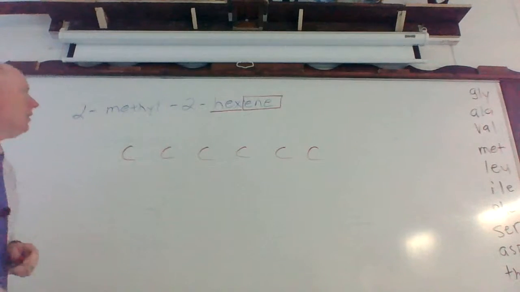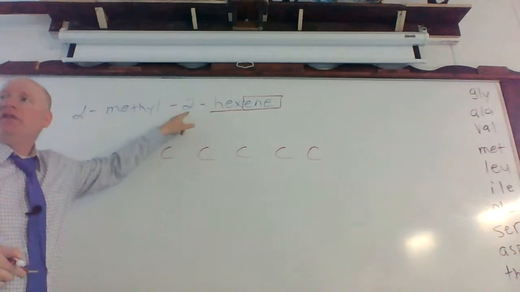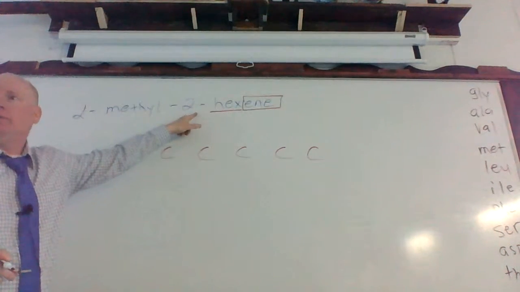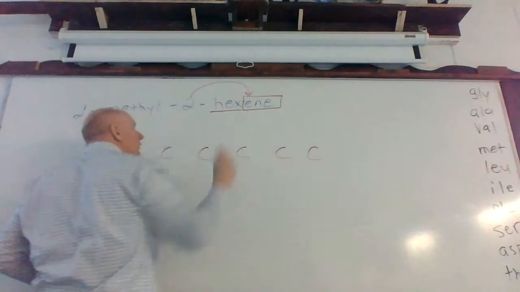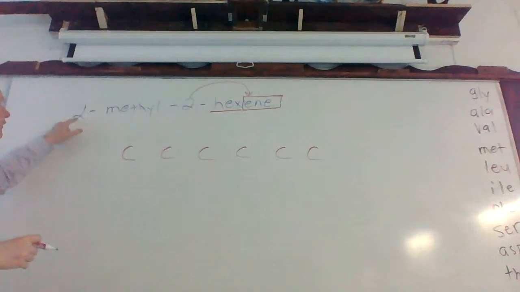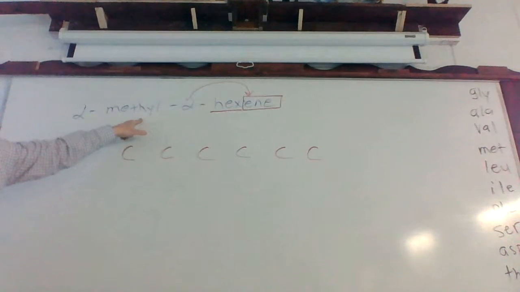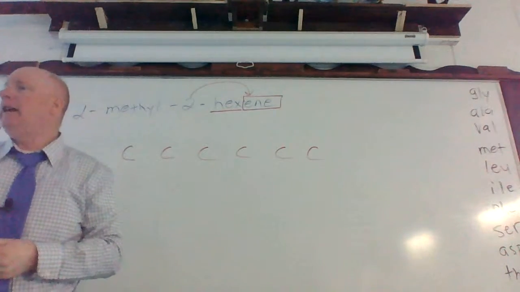Okay. Now, on this 2, there's nothing written after. It's just a dash. So what do you suppose that is referring to? So that is referring to this guy. Okay? So after this 2, there's a what? And a methyl group means, what's the formula for a methyl group? CH3.